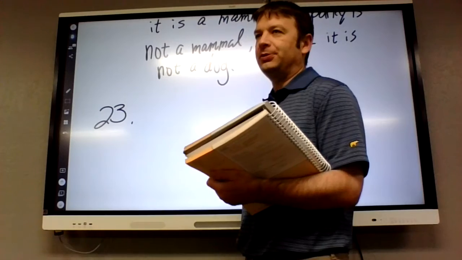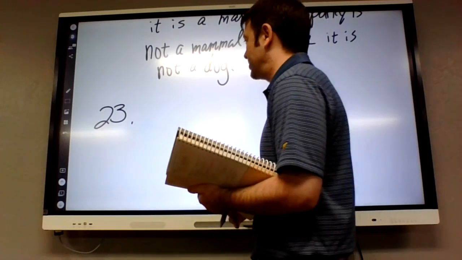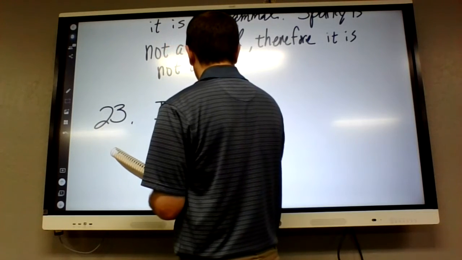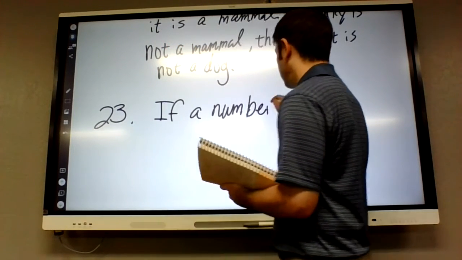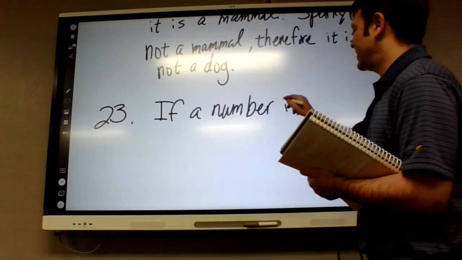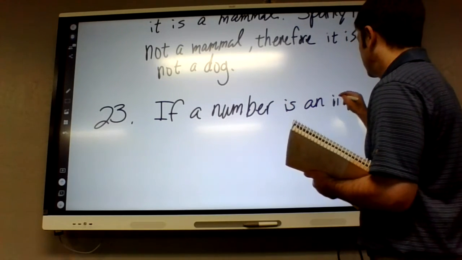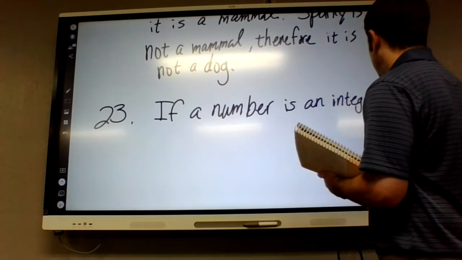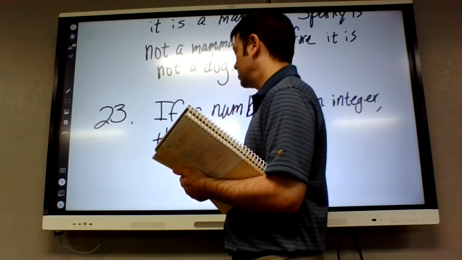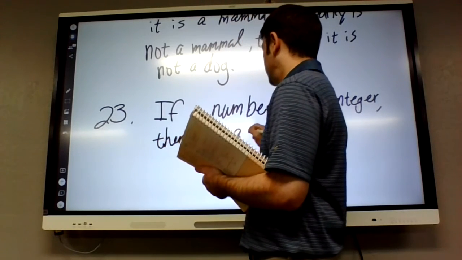But what do you think those two circles are implying about integers and rational numbers? What are those two circles saying? If a number is an integer, then it is a rational.